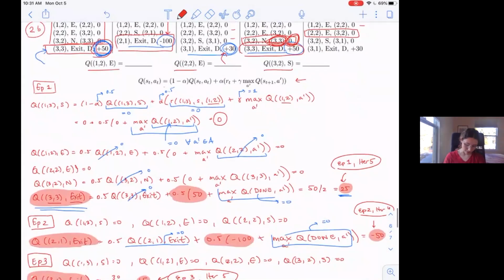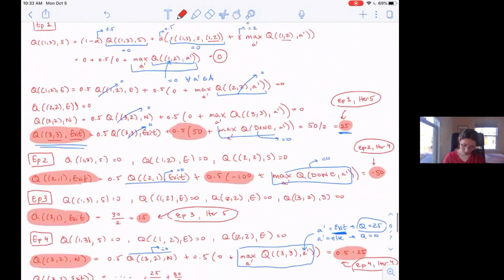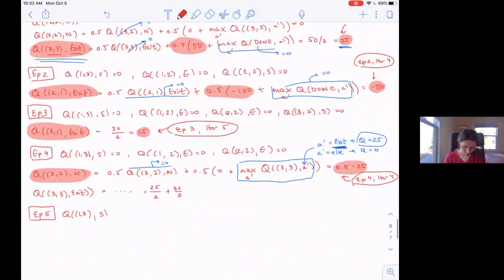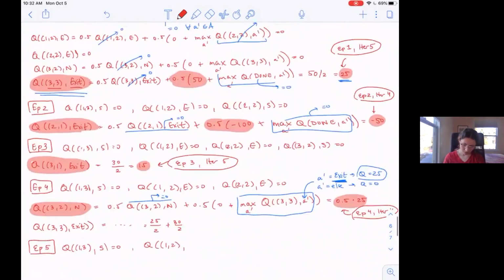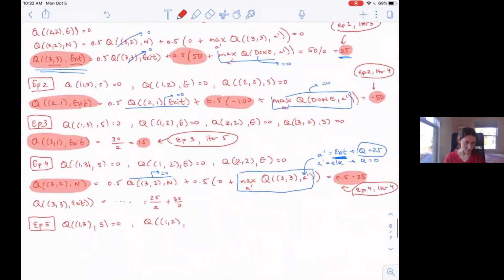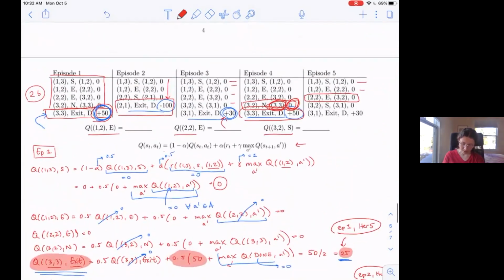So I'm going to just quickly write down here that Q of 1, 3 south is not going to change, and Q of 1, 2 east is not going to change. But Q of 2, 2 east, which is this sample right here, is actually going to start changing.